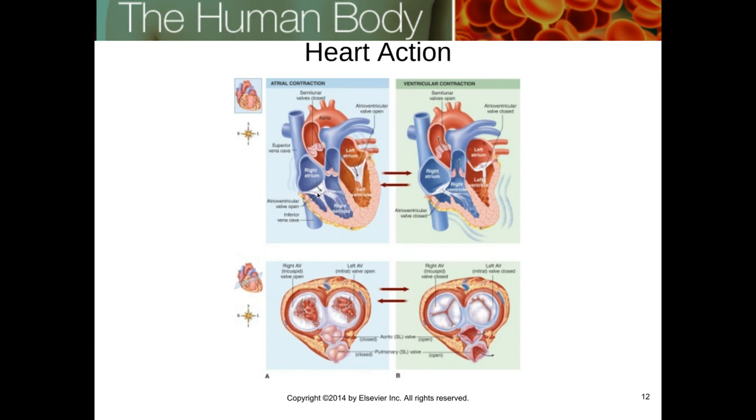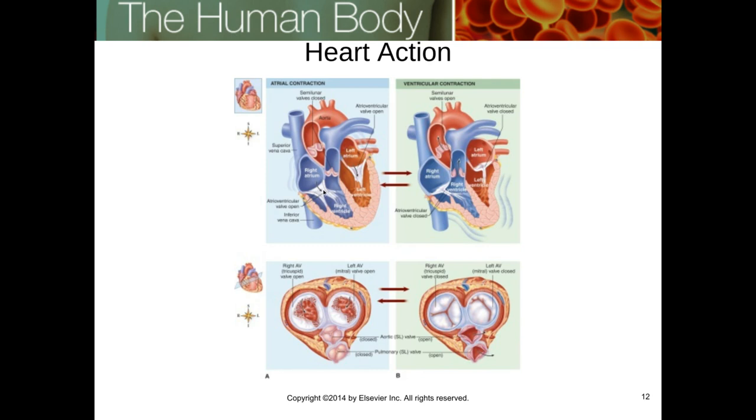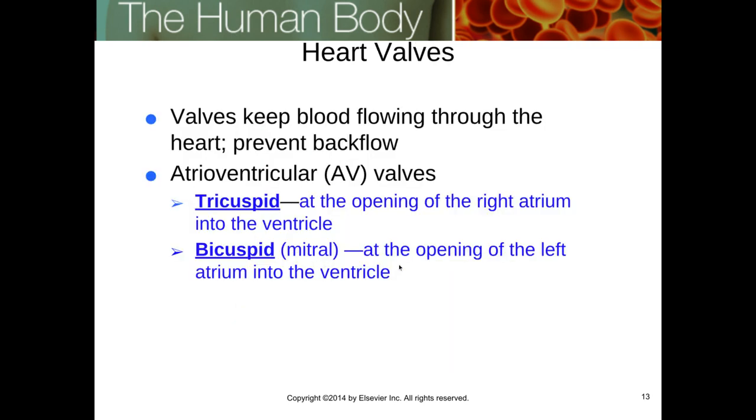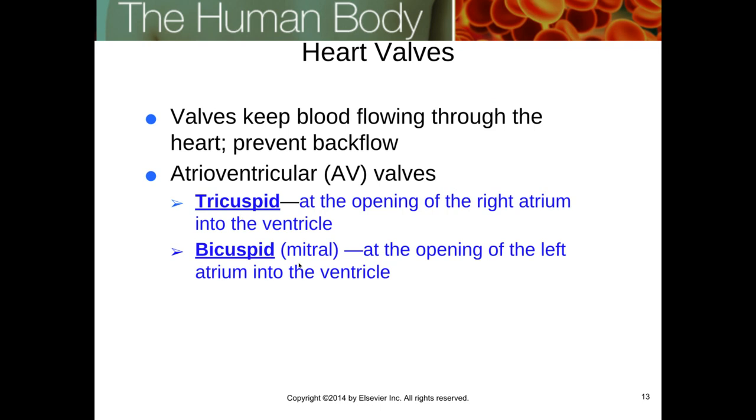The tricuspid is at the opening of the right atrium into the ventricle, here. And the bicuspid is at the opening of the left atrium into the ventricle, so here, right? Try before you buy, tricuspid, bicuspid.